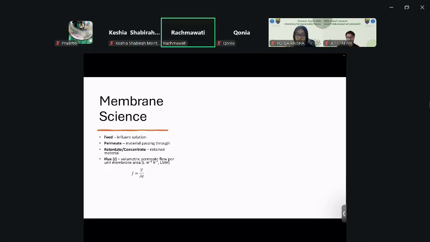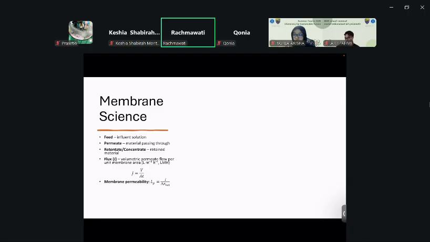The flux is calculated from the volume of the permeate divided by A, the effective area of the membrane surface, and T, the time in hours. So you can calculate the flux of the permeate. Basically, you want a high flux, because that means the separation process is short and effective.